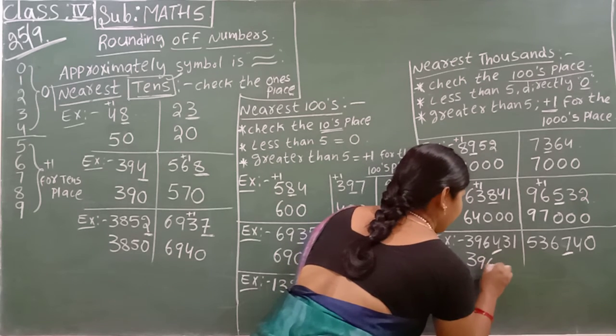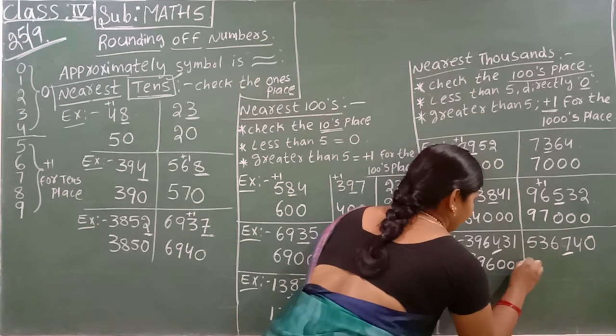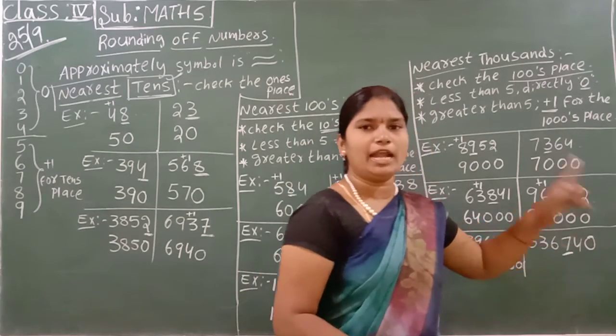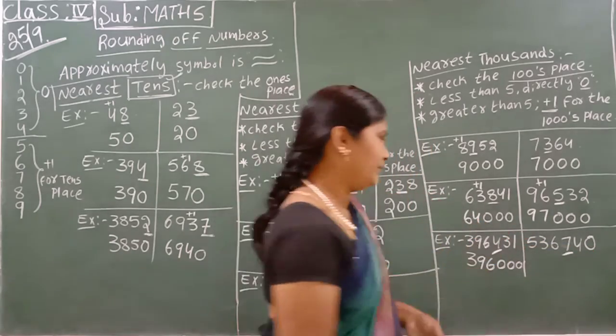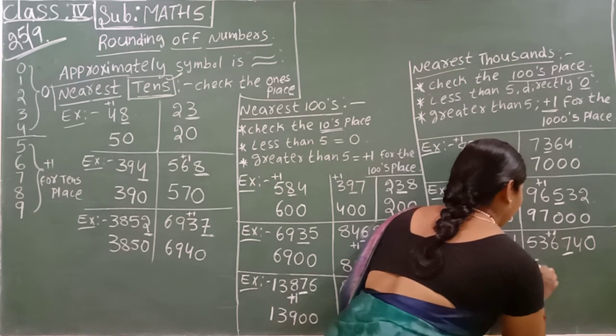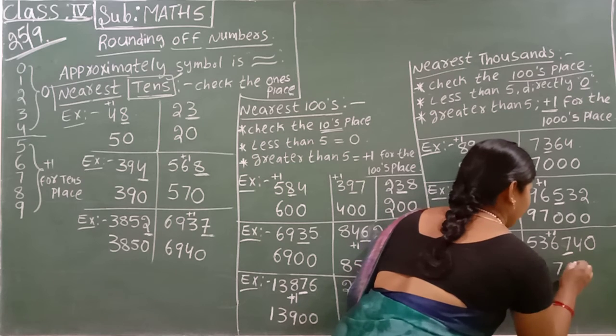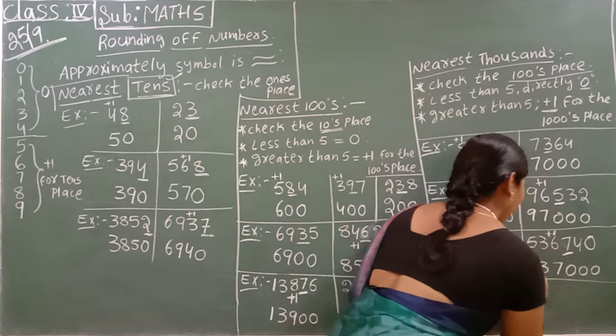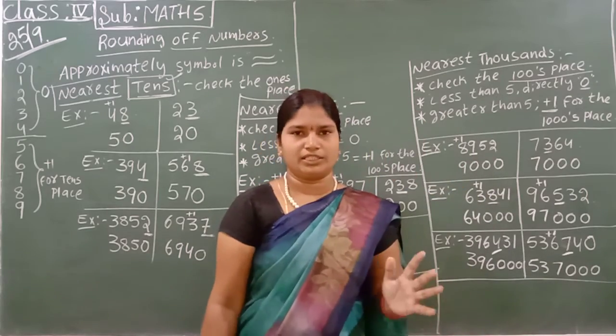If it is greater than 5, add 1 for the thousand place. Add 1. 5, 3, 6 plus 1, 7. Remaining digits 0. So, I think you all have understood, children.